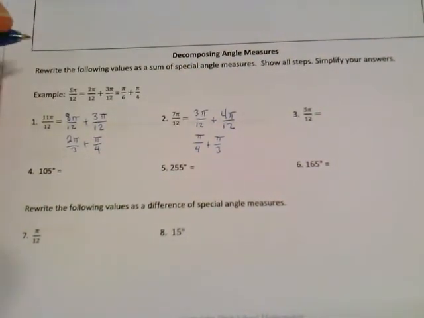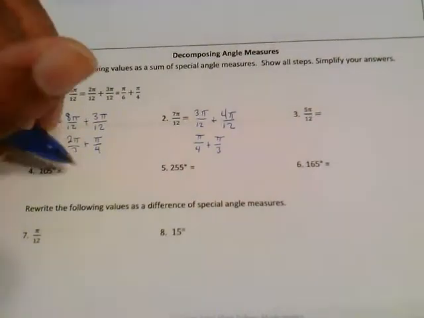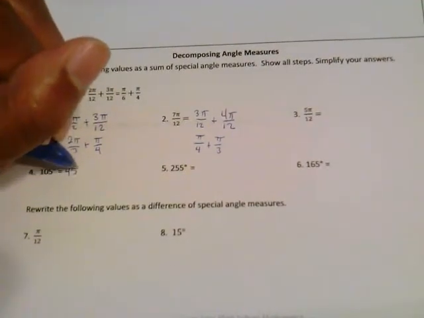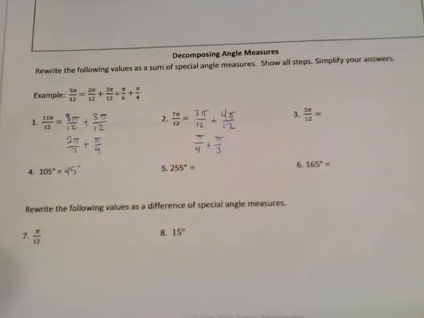For 105 degrees, with the problems that are in degrees, you have to think a little bit more because it's not as obvious, since they're not single digit numbers. But even with 105, normally if you see a 5 in the ones place, usually you can break off 45 degrees and then figure out what's left on the other side.